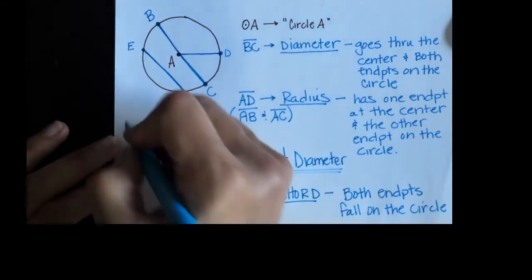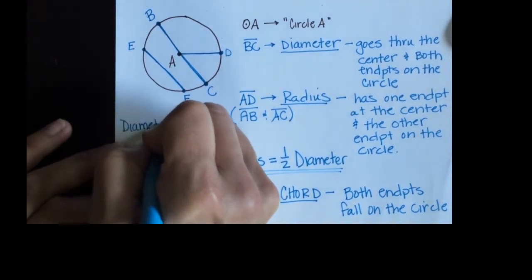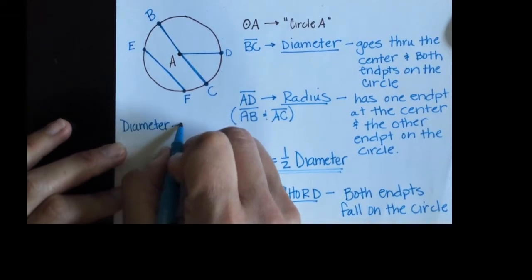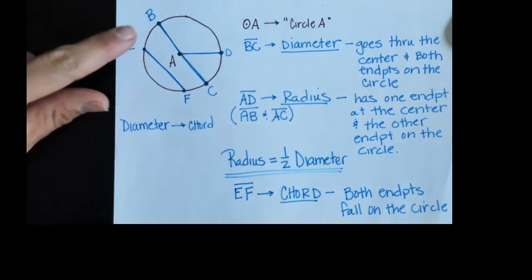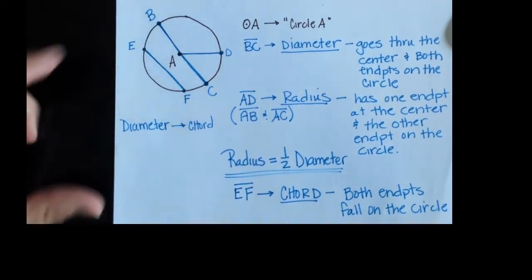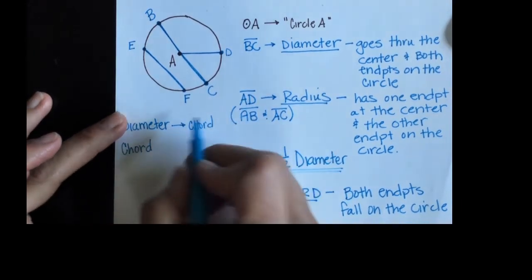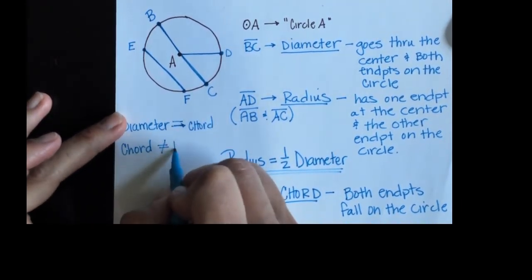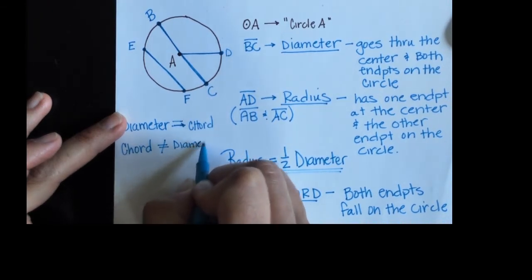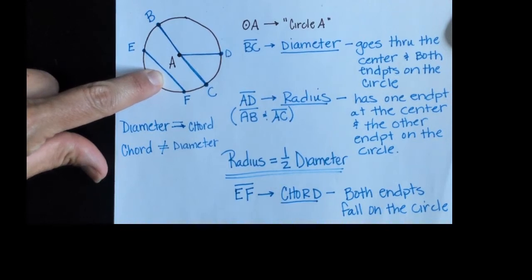And I want to point out that a diameter can be a chord. It fits that definition perfectly, endpoints on the circle. A chord cannot necessarily be a diameter because we don't know that it goes through the center.